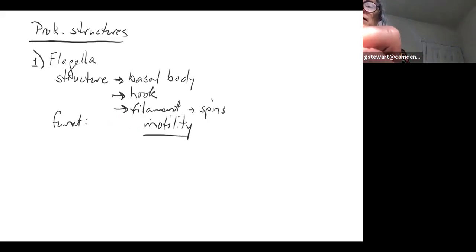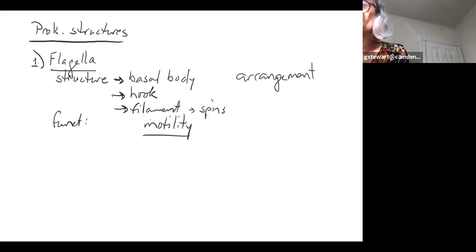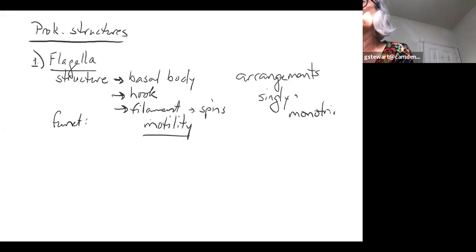Now, these flagella can be arranged just like our cells. They can have different arrangements. They can be arranged singly, which we refer to as monotrichous, or you can have 2, one on either end or even on the same pole, and we refer to 2, I believe, as amphi.